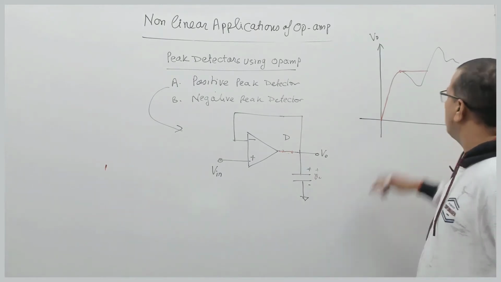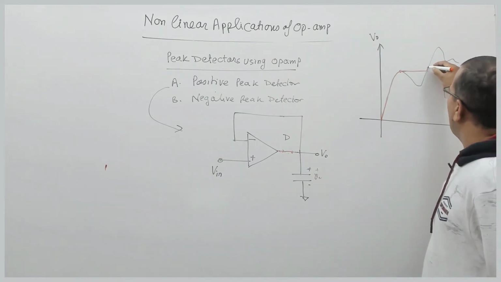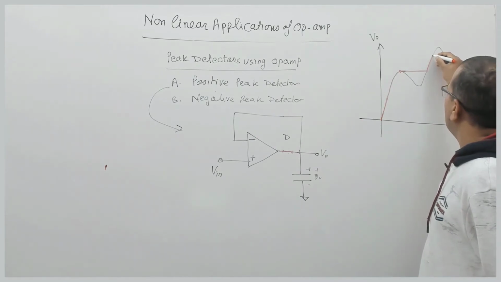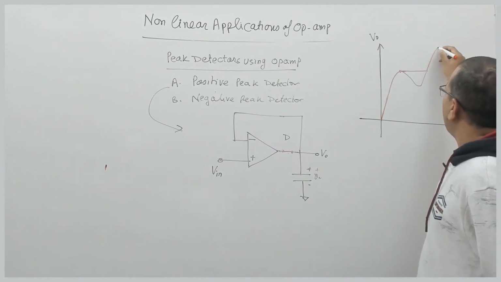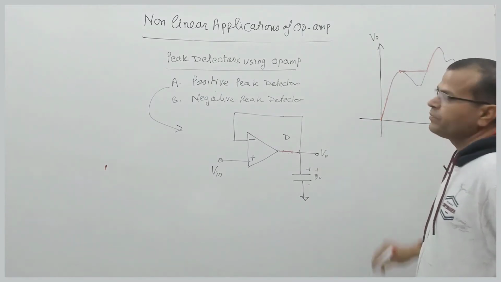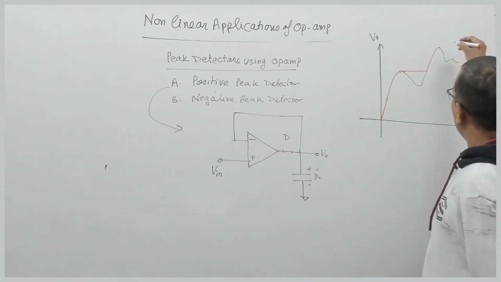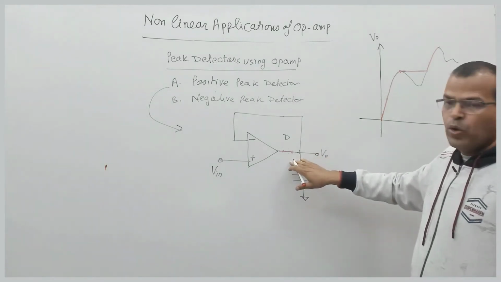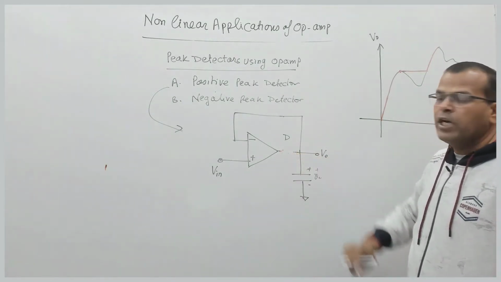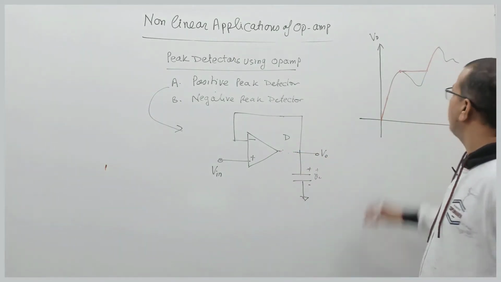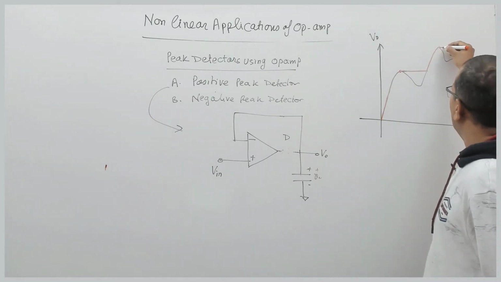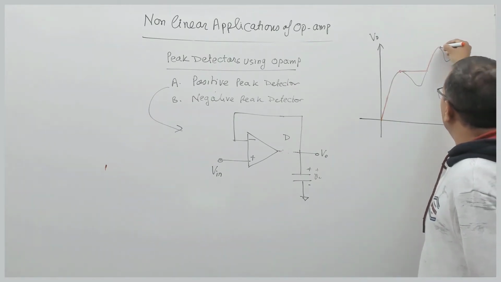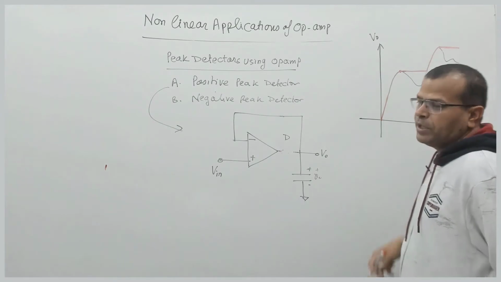And when the diode is on, your output voltage again starts following the input voltage and the capacitor keeps on charging. At this point, when the input voltage starts falling below the capacitor voltage, the diode will be opened again. When the diode is off, the output will be the same as the last peak value.